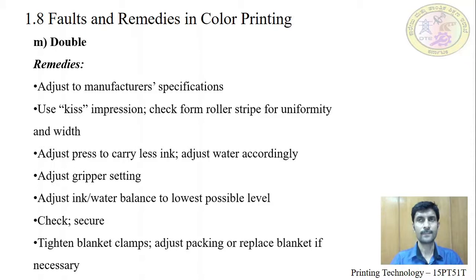Next, adjust the rollers and the pressure settings according to the manufacturer's specification. Even in the case of impression, check the roller strips for uniform width, adjust the press to carry less ink, and adjust the water according to the ink and water balance. Maintain proper gripper setting in each unit along with ink and water balances at the lowest possible level. Check the ECQ, tighten the blanket clamps and adjust the packing in each unit if necessary.